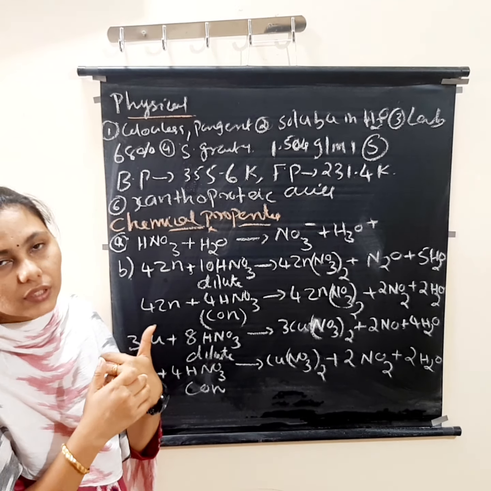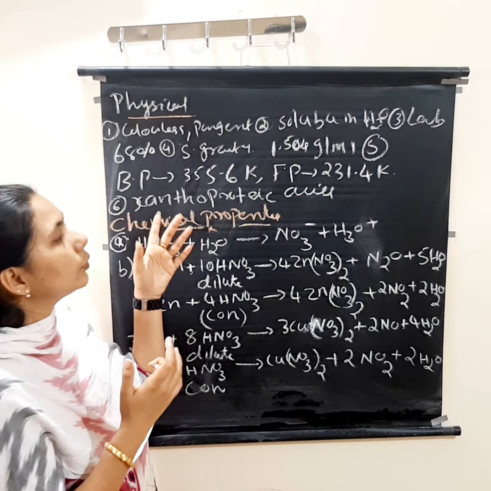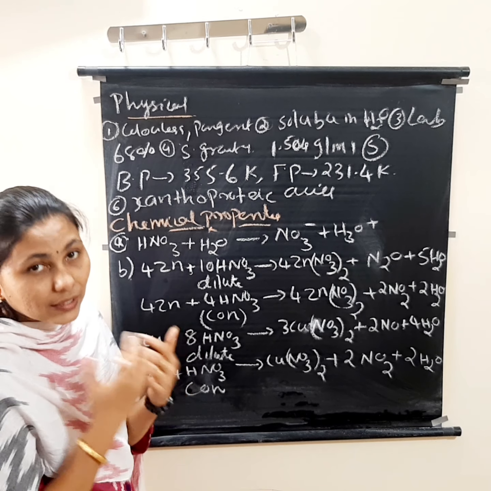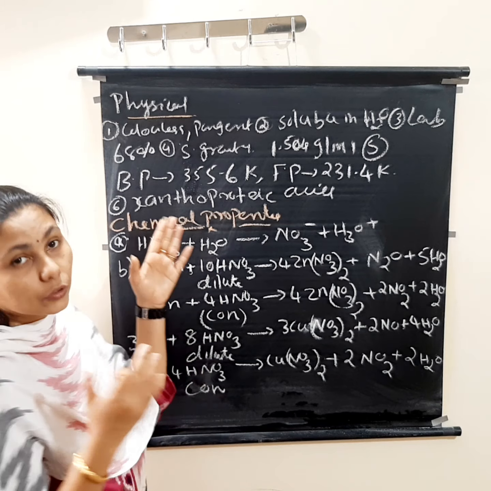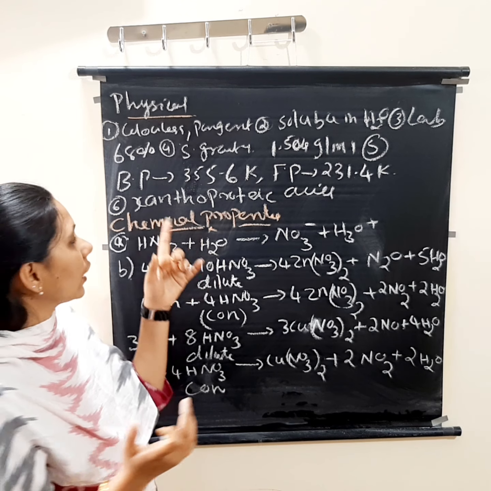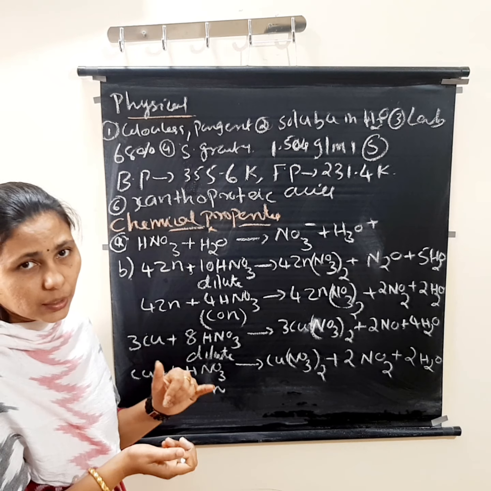It reacts with the skin and forms a compound known as xanthoproteic acid. So you can expect a 1 mark question: when nitric acid is on the skin, yellow blisters are developed, due to the formation of which compound? It is xanthoproteic acid. Okay, so that is the physical properties.